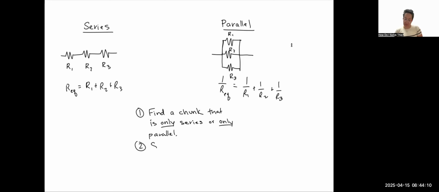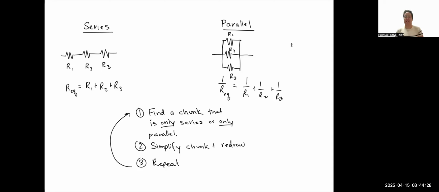Second, we're going to simplify that chunk and redraw our circuit. And then we're going to repeat. So go back to one.